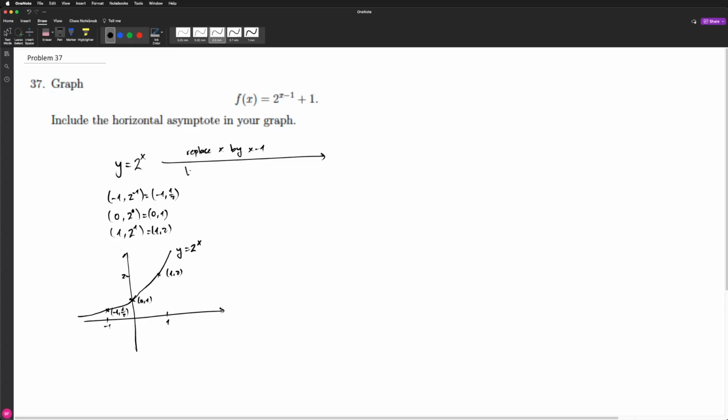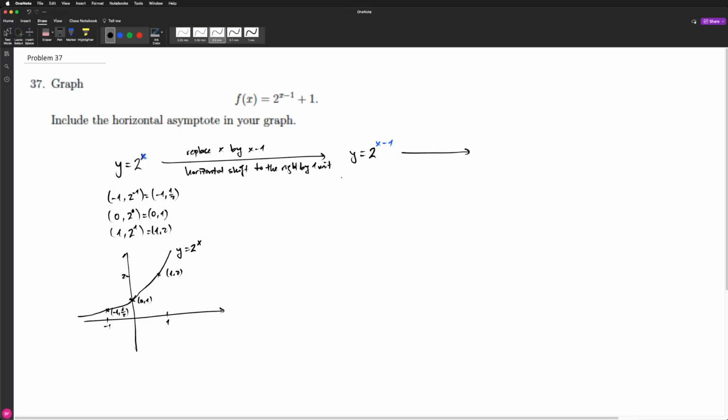That's going to cause a horizontal shift to the right by 1 unit. And when I replace the x by x minus 1, then I will get 2 to the x minus 1. I'm moving in the correct direction.